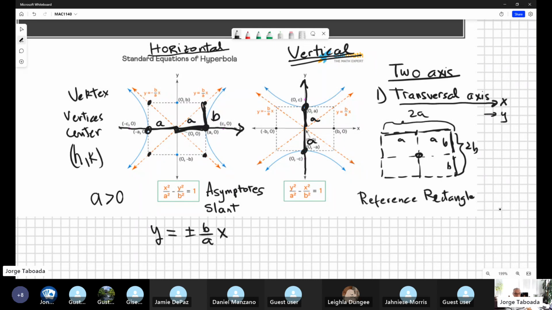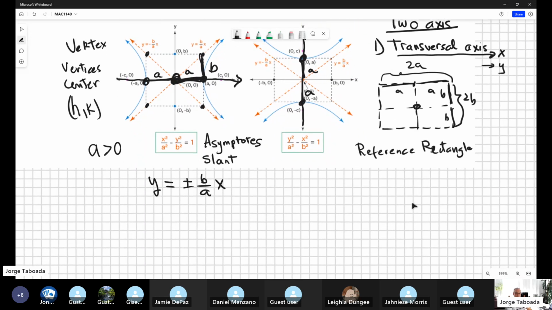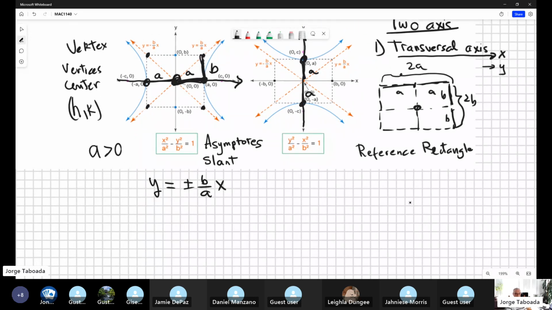In this case, the supposition is that the center is located at 0,0. Suppose the center is not located at 0,0. No problem. Now my equation I can generalize like this: y minus k equals plus or minus b over a, parenthesis x minus h. This is the formula for the asymptote.